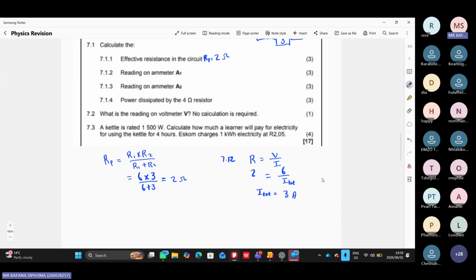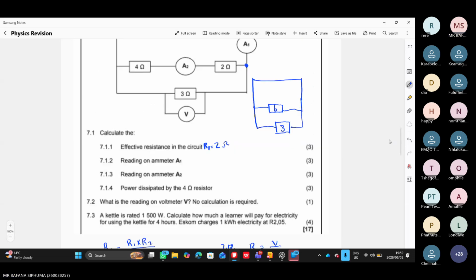That one is fine. Now, the following question says, the reading on ammeter A2. This one was 3A, right? Okay. So what you will see is that A2 is on the branch. So what I will assure you is that the value of A2 that we're going to get is going to be a small value.